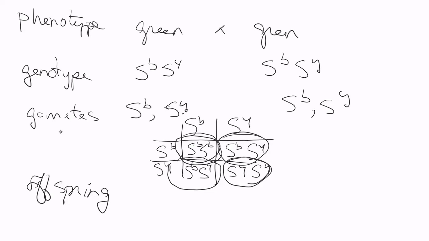So that's a 1 to 2 to 1 ratio. And so our prediction of 1/4 blue, 1/4 yellow, and 1/2 green is predicted using Mendelian genetic algorithm.